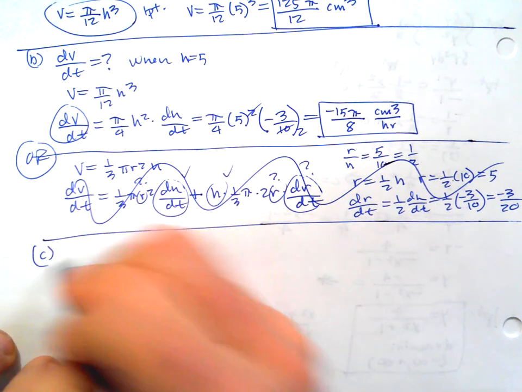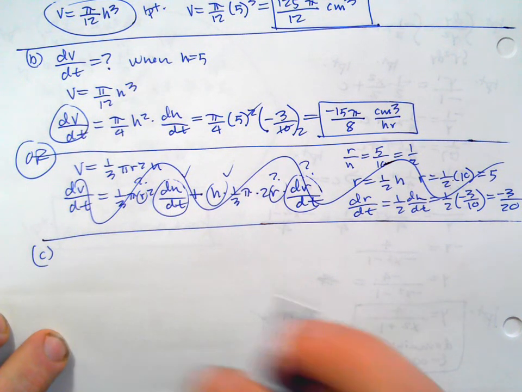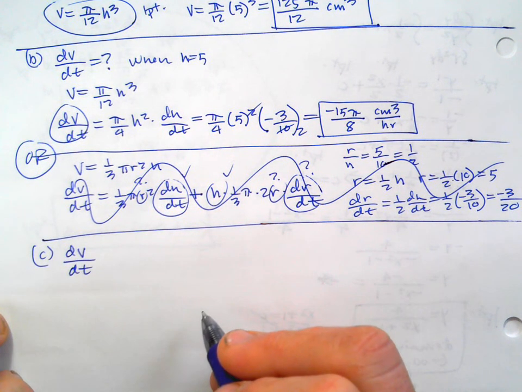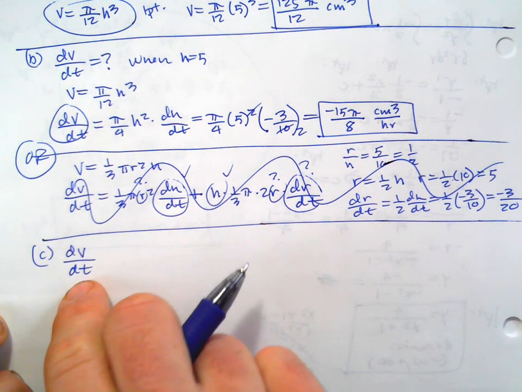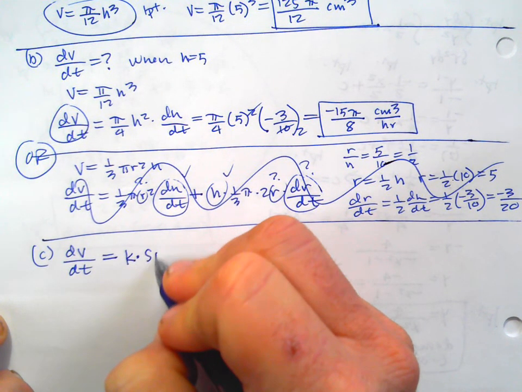Part C: show that the rate of change of the volume of the water in the container due to evaporation is directly proportional to the exposed surface area of the water. Let's try and interpret that in a short mathematical expression. The rate of change of the volume, that's dV/dt, is directly proportional to the exposed surface area of the water.